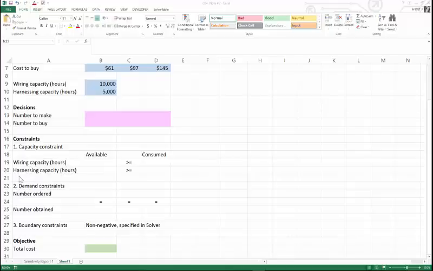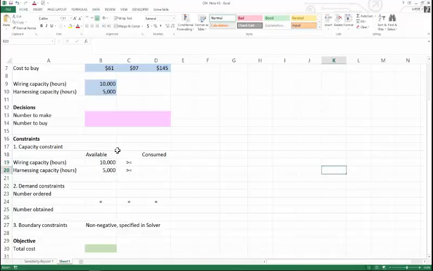One is wiring capacity, the other is harnessing capacity. So how many wiring and harnessing capacity are available? Actually, we have that information. So wiring is 10,000, harnessing is 5,000. So what we need to do here, we just say those 2 are equal to, we just refer to the given information.